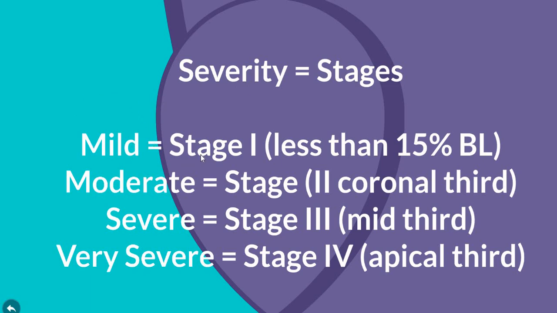Mild severity is equal to stage 1, when there is less than 50% of bone loss, while moderate is stage 2, when the bone loss is at the coronal third, while severe is stage 3, when the bone loss reaches the mid-third of the root, while very severe, or stage 4, the bone loss may reach the apical third in these cases.